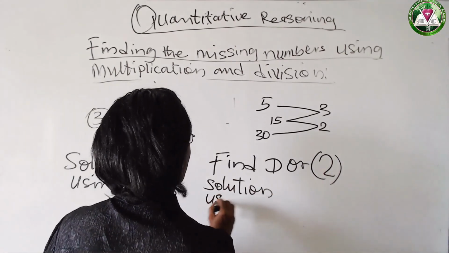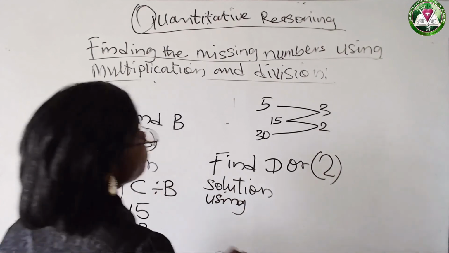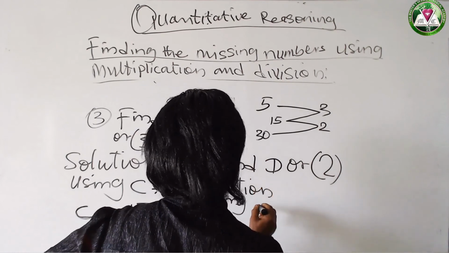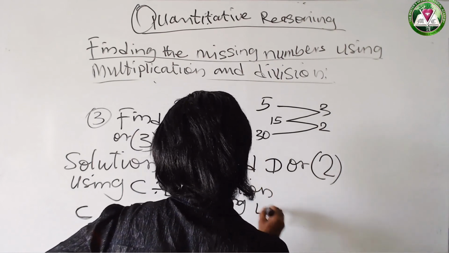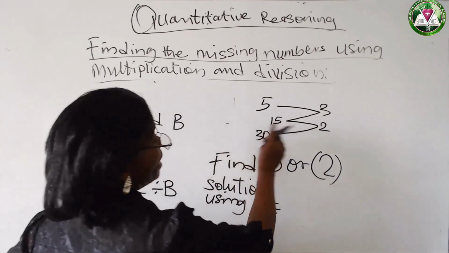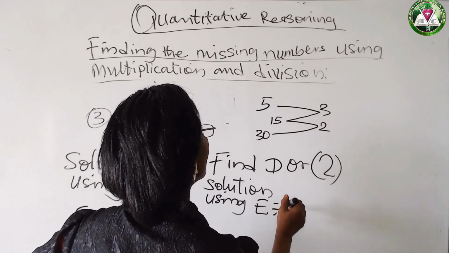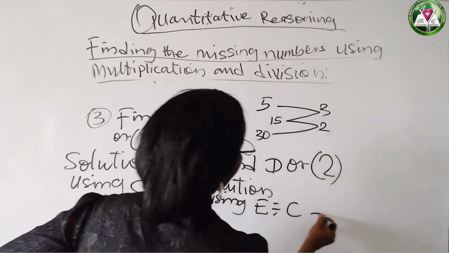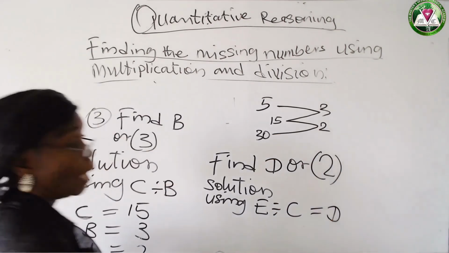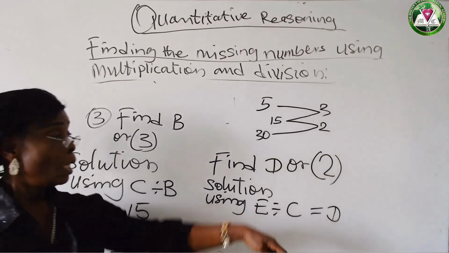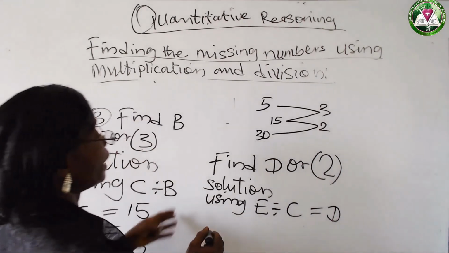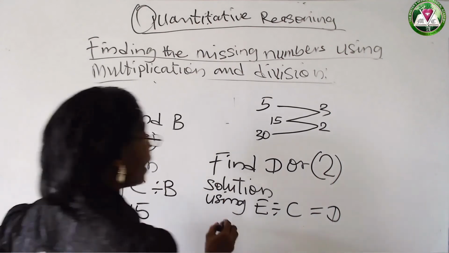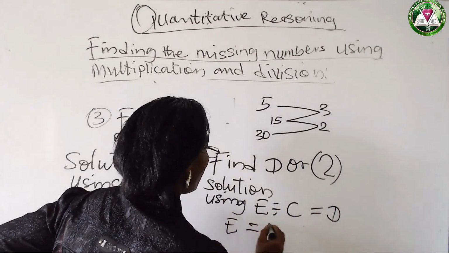Using E divided by C equals to D. Now let us substitute the letters. What is E here? Good. E is 30. E equals to 30.